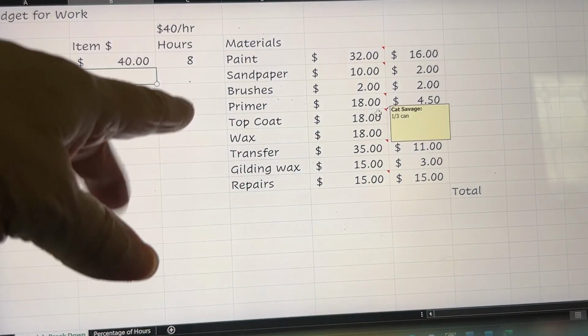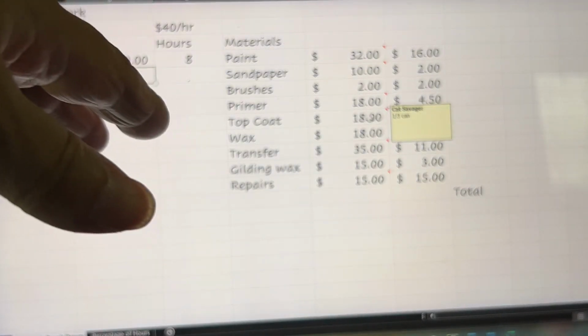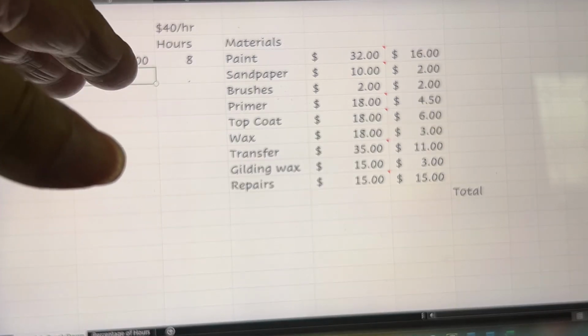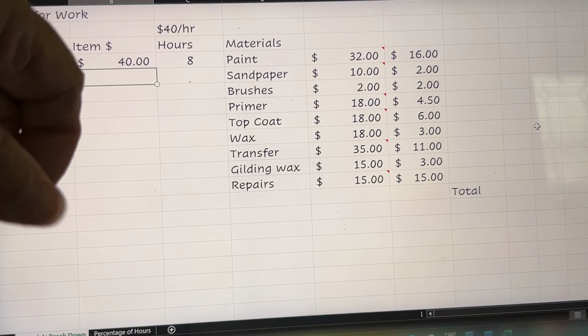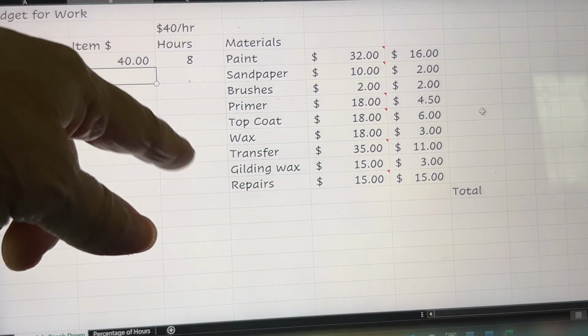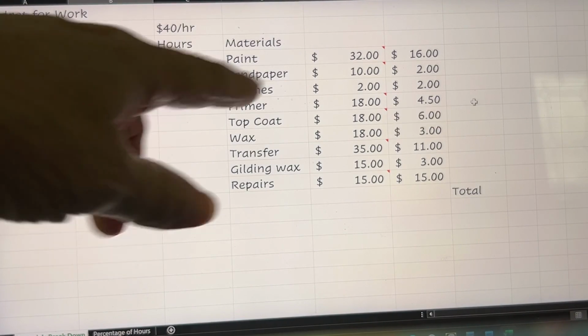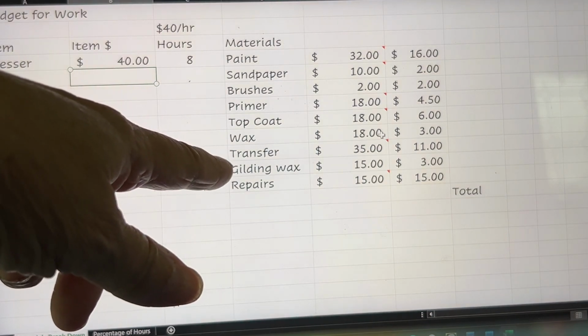A top coat, $18. This is always going to vary, depending on what you use, from Minwax to General Finishes to tung oils and things that cost much more money, or things that I'm not thinking of off the top of my head. But you've bought all these products before. And I said that I used a third of a can of top coat, so that was $6. A little bit of wax, $18 for a can.